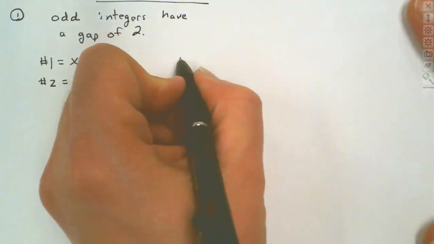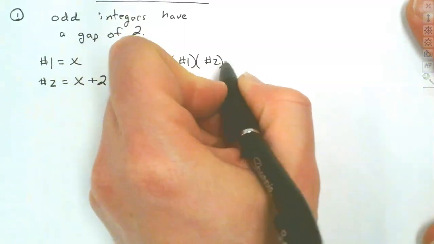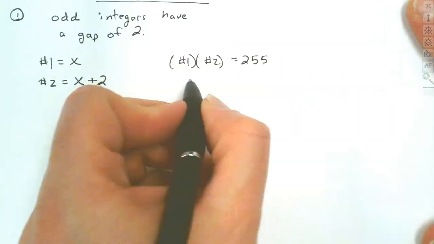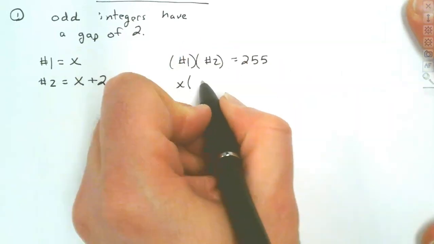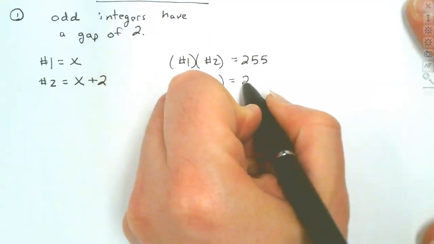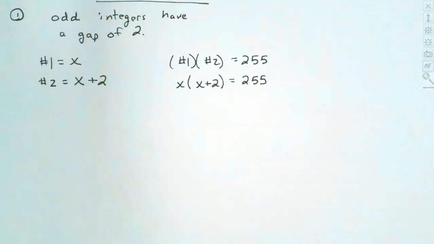So the first number times the second number is 255. So we've got x times x plus 2 equals 255. I'm working this one out because we shouldn't have any trouble solving it, but it's when we go to write up our answer that students sometimes make a mistake. So it's not difficult to solve.